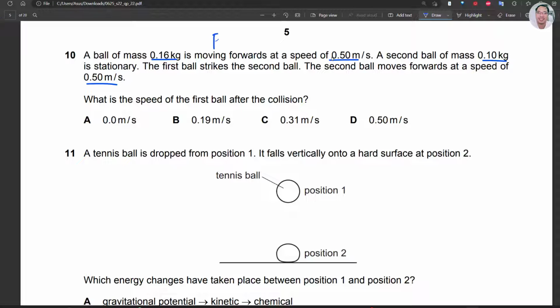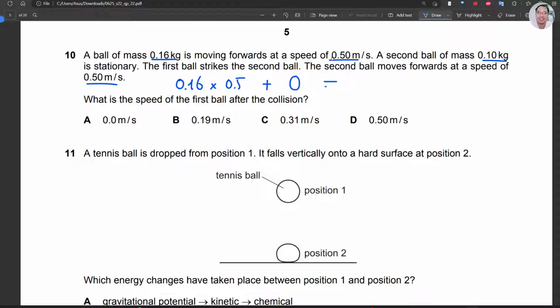Momentum before collision must be equal to the total momentum after collision. Before collision, the momentum of the first ball is 0.6 kilogram multiplied with its speed 5 meters per second. The second ball is initially stationary, and therefore the momentum of the second ball is initially 0.